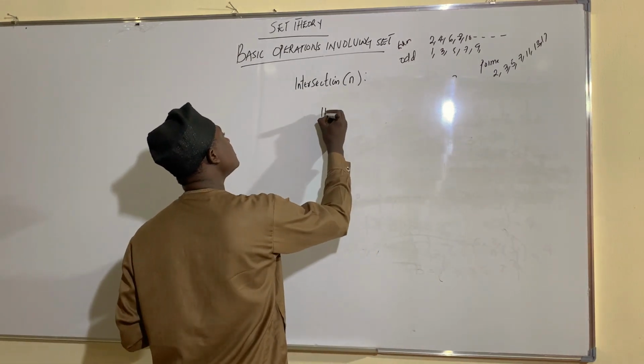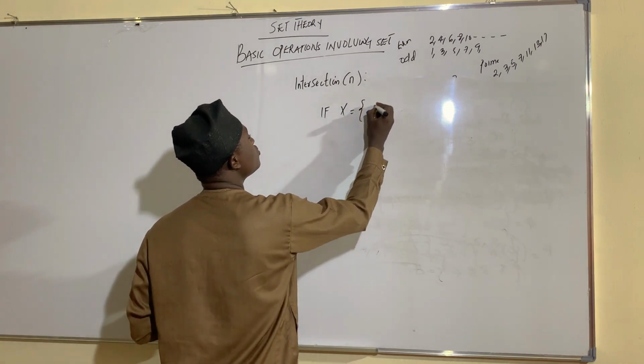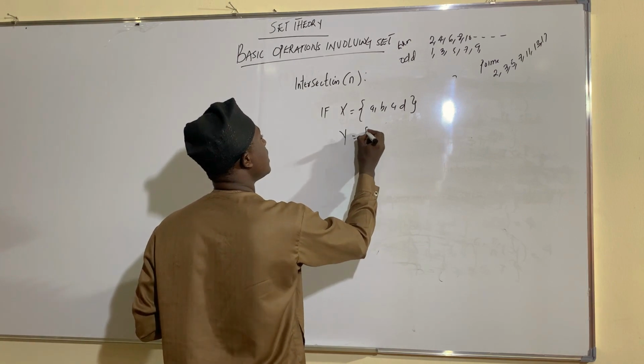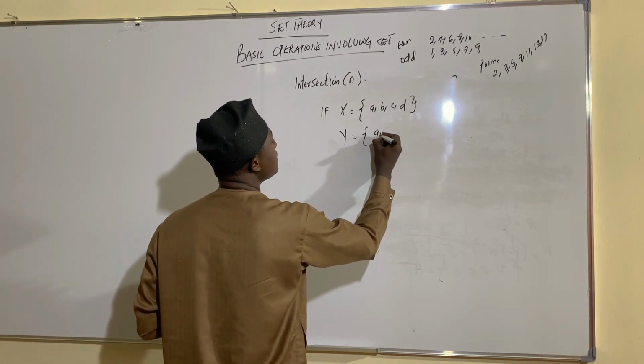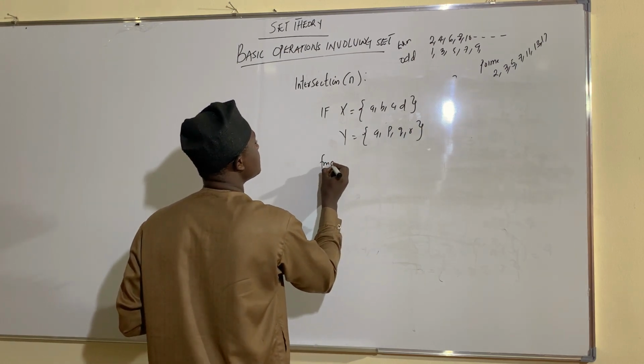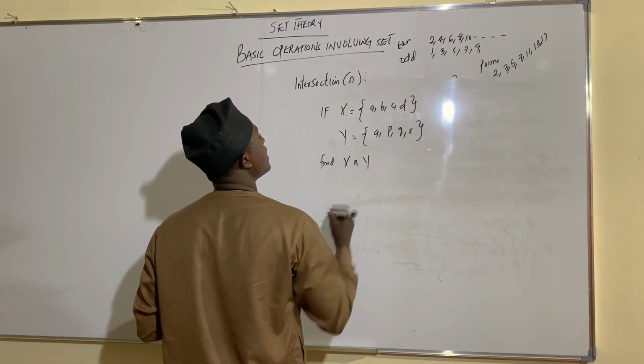Let's say I have, if x is equal to A, B, C, D, and let's say we have y to be A, P, Q, and R. And we said to find x intersection y.